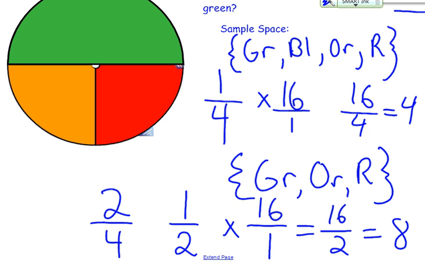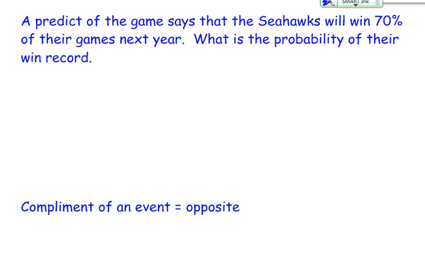So we have our first look at probability. Let's take another look. It says a prediction of the game says that the Seahawks win 70% of their games. Here's the idea of chance: percentage is chance. What is the probability of their win record? The first thing we want to do is, okay, 70% says chance.